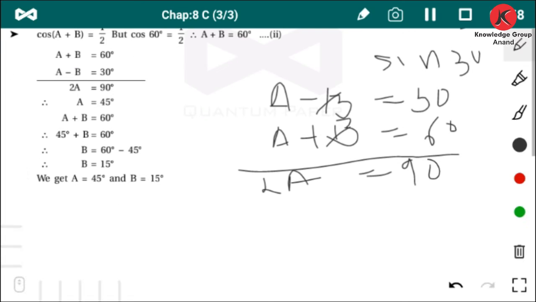Therefore, angle A is equal to 90 by 2, which is 45. Now put the value in A plus B is equal to 60.